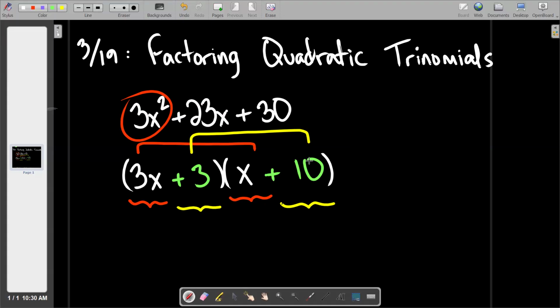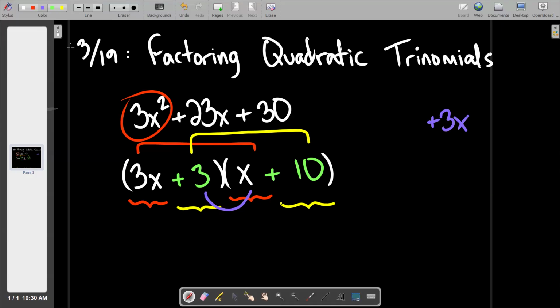Use pencils because we're going to be erasing a lot. Do you all agree, don't agree to be polite, that the red ones multiply to make 3x squared? Do you all agree that the green ones multiply to make 30? Do you think this is the right answer? No. And I can prove it to you, because if I take this times this, what do I get?